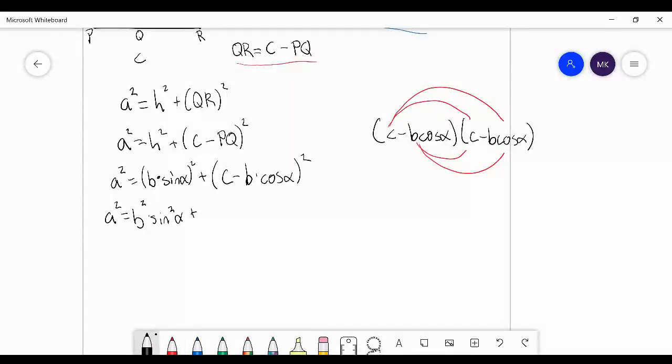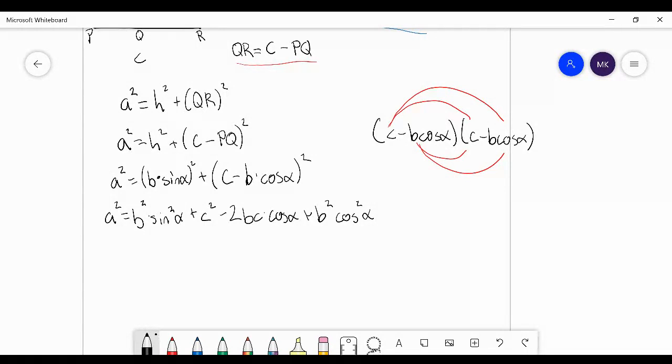And when I do, I get the lovely expression of C squared minus 2BC times cosine alpha plus B squared cosine squared alpha.